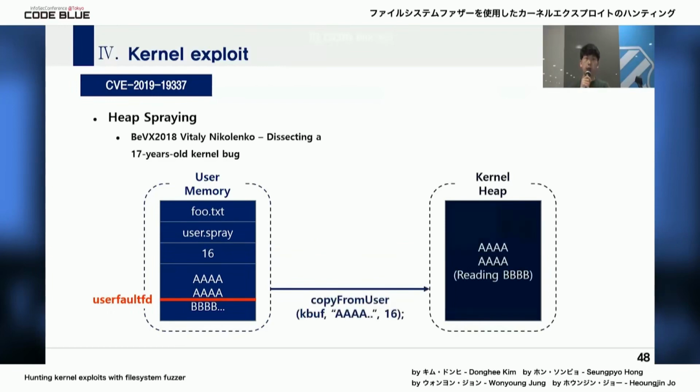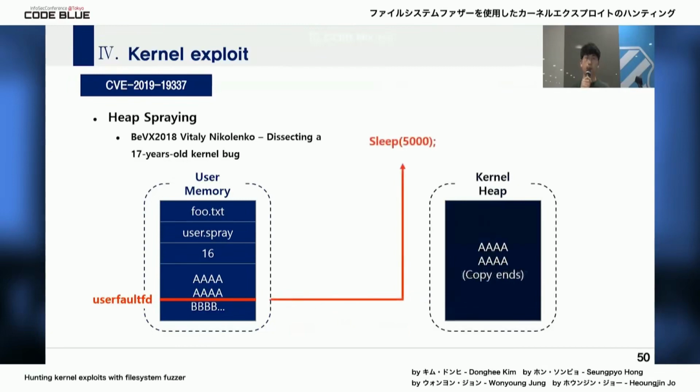After copying the A string, while copying the B string, a page fault occurs because userfaultfd refers to the set memory address, and it calls the designated callback function for exception handling. In the designated callback function, the thread sleeps for the specified time.